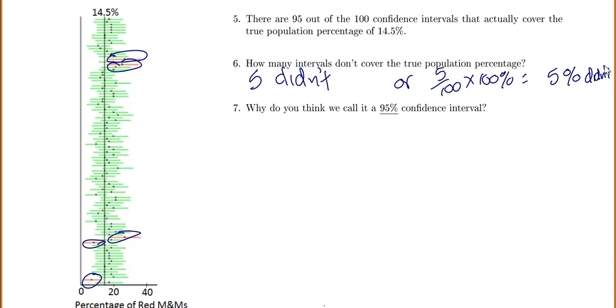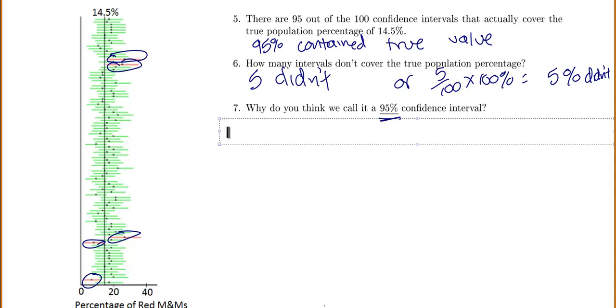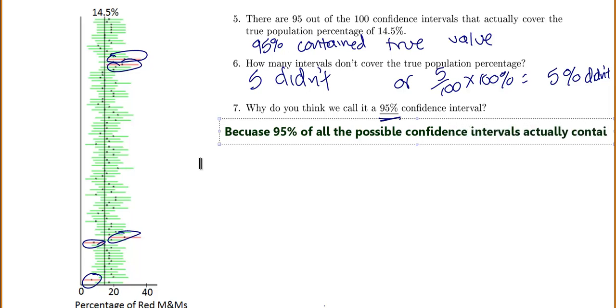But in part 5, there were 95 of the 100 that did cover it, so that's 95% that contained the true value. So, why do you think we call it a 95% confidence interval? The reason is that 95% of all the possible confidence intervals actually contain the true value.